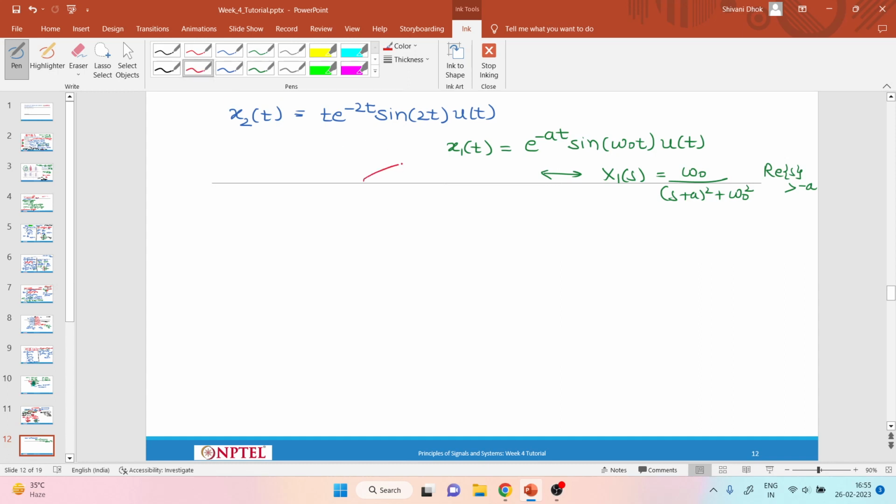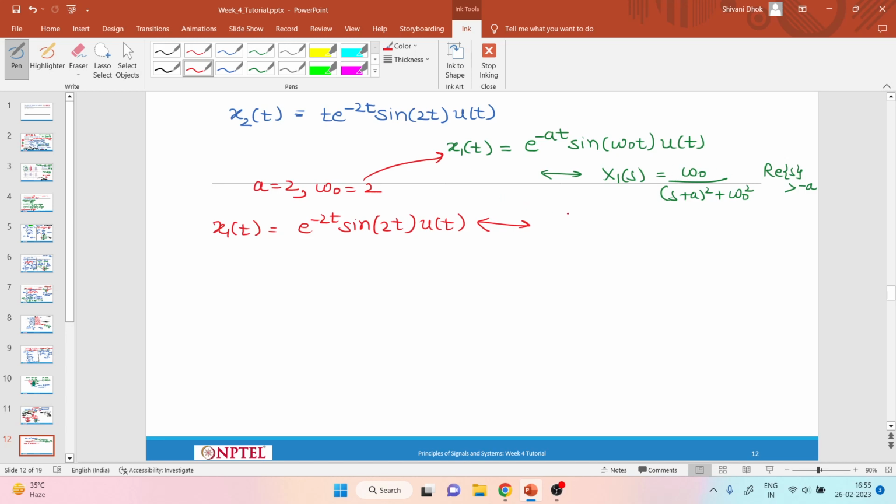Now in this equation, if I set my a equal to 2 and my omega naught equal to 2, then my x1 of t can be written as e power minus 2t sine 2t u of t, and this will have its Laplace transform by simply substituting the values of omega naught and a.